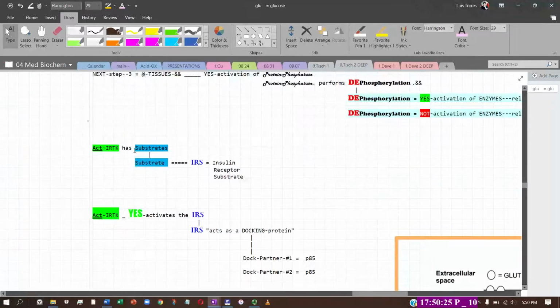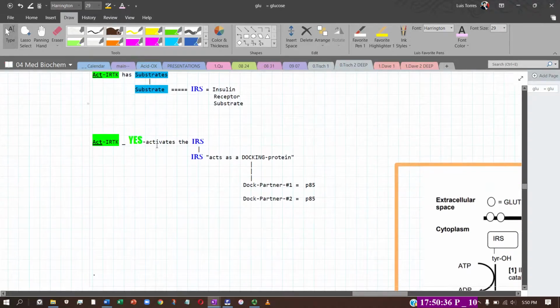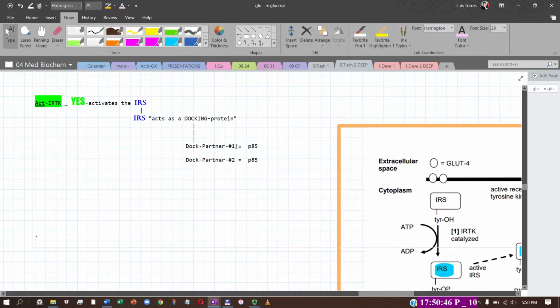So keep moving on, still with the concept of act IRTK. The IRTK has substrates, and those substrates are called IRS, insulin receptor substrates. So the IRTK makes the IRS become activated, and the IRS acts as a docking protein.